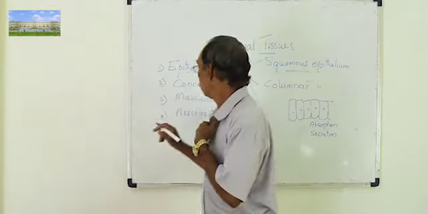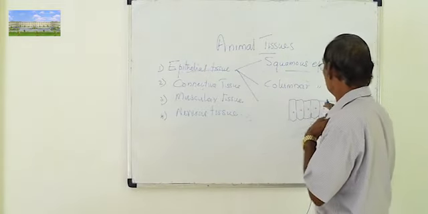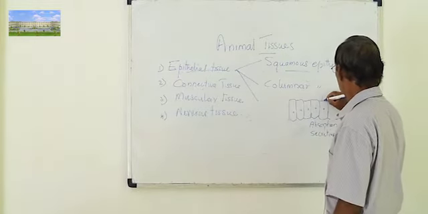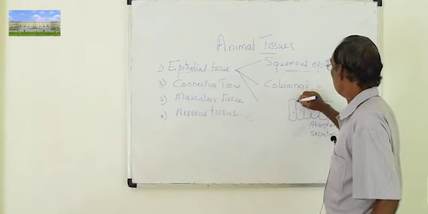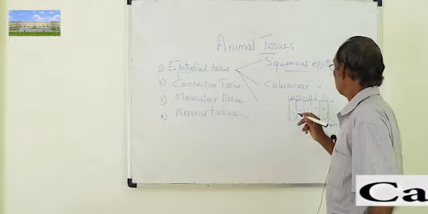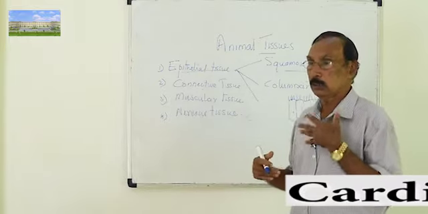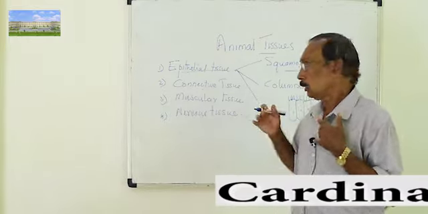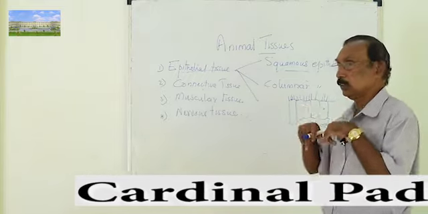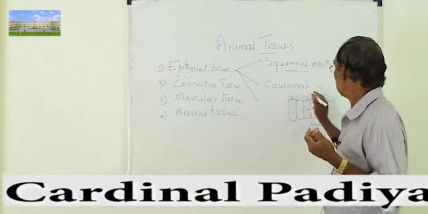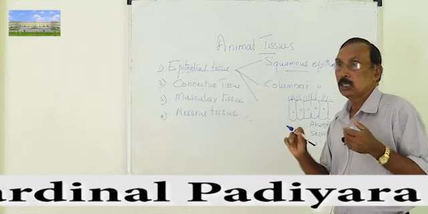Inside the lungs, this columnar type has small cilia. You can see the lining going into the lungs has this kind of cell with small cilia. Cilia means hair-like structure. What is the advantage?